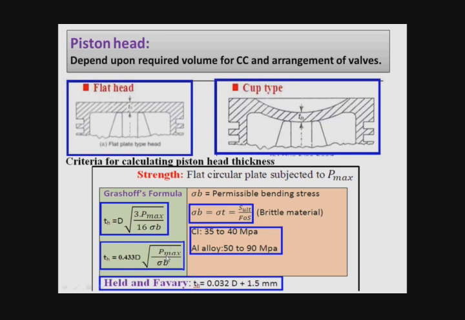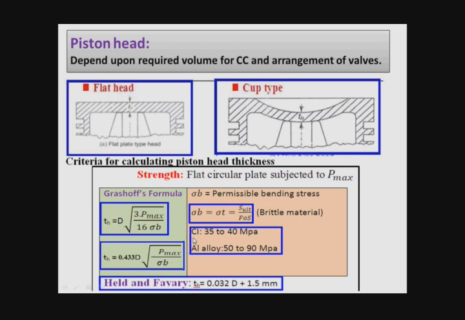Here P max is the maximum pressure of the gas inside the cylinder. Sigma B is the permissible bending stress, given by SUT by FOS. SUT is the ultimate strength of the material which you are going to use for manufacturing of the piston, and FOS is the factor of safety.